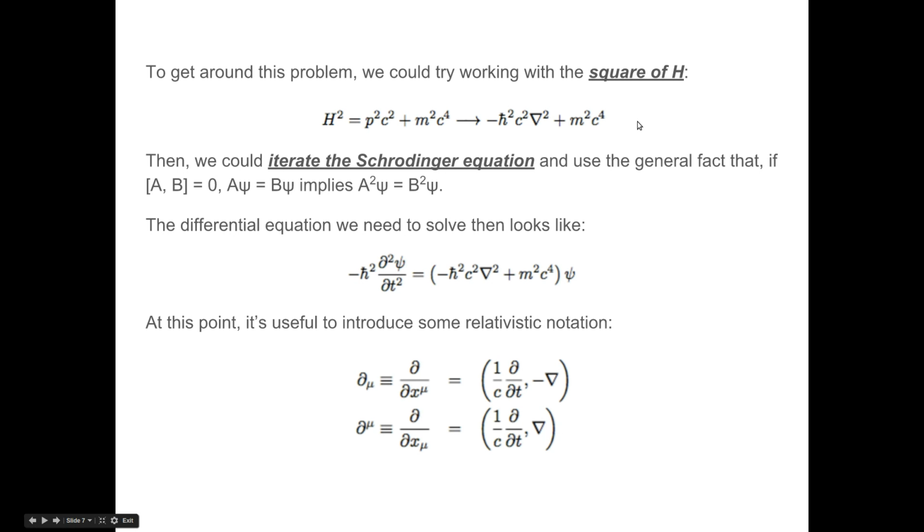Okay, so if I do that, it looks like I might be in good shape. I end up with this thing over here, which is second order in time, and over here my spatial dependence is second order. So it looks like we're doing okay as far as special relativity goes.